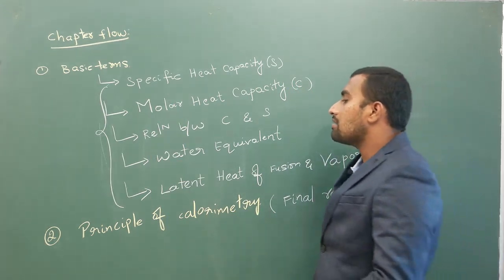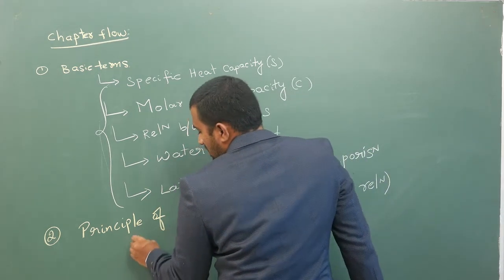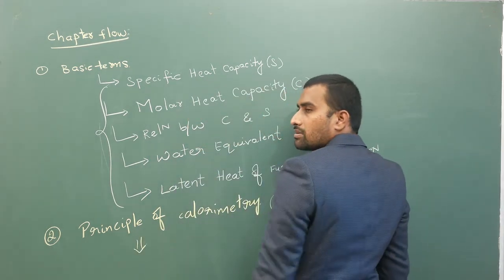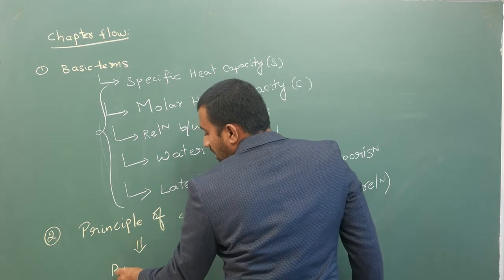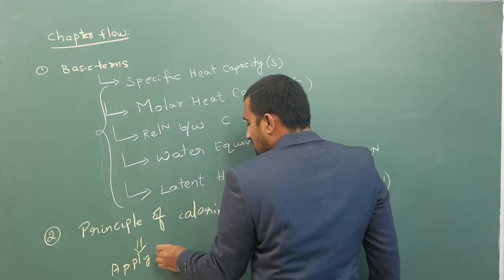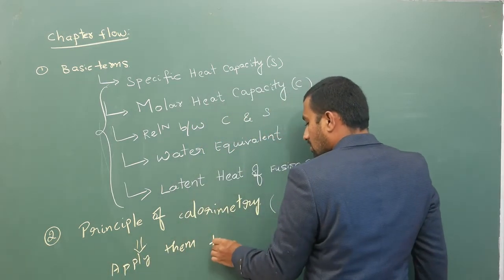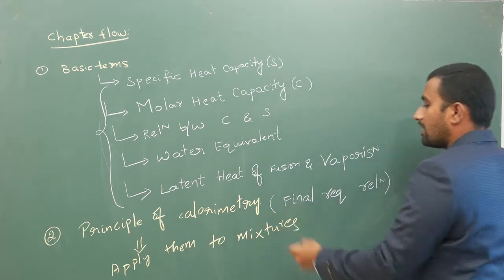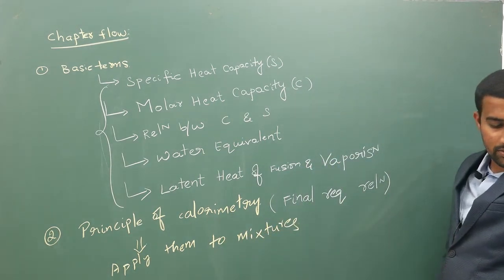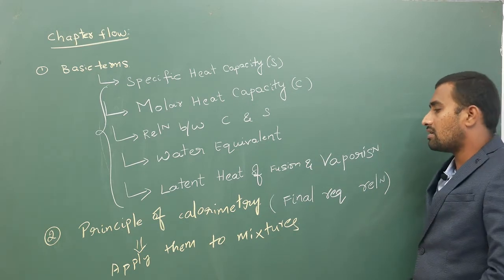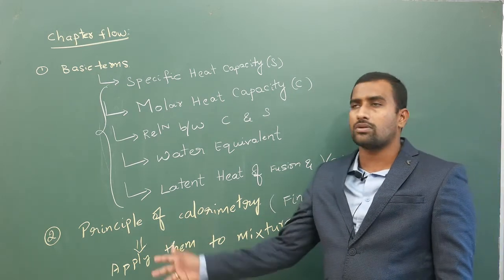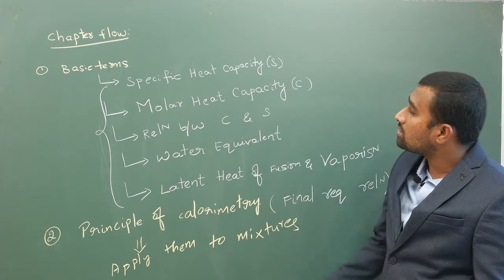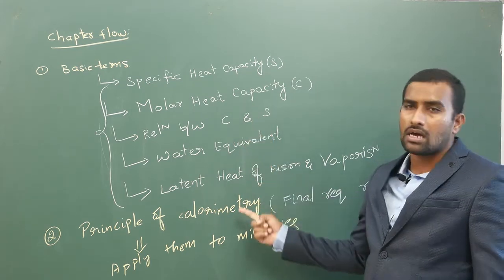Finally, after learning the principle of calorimetry, we will apply it to mixtures. You mix some hot body and cold body, and you find the final temperature. All those relations is what you are going to get. So this is my chapter outline.